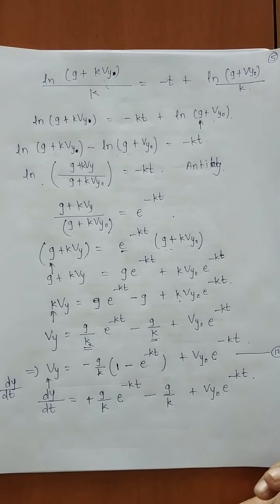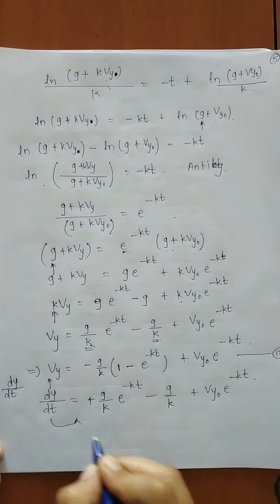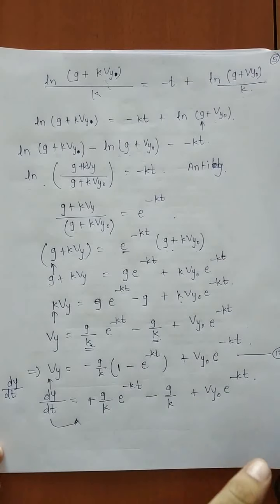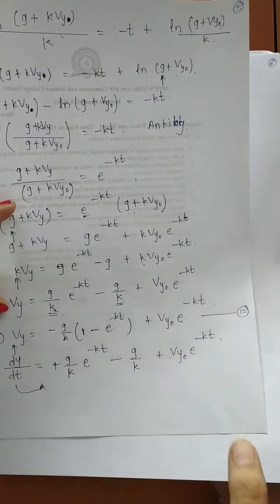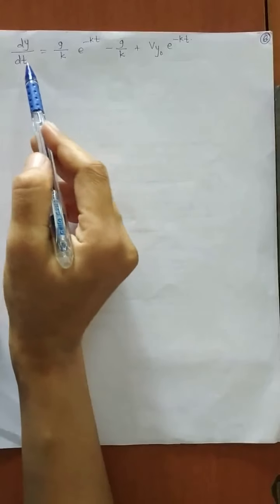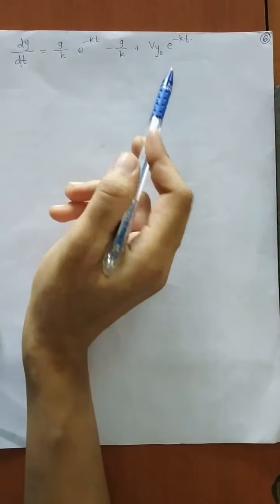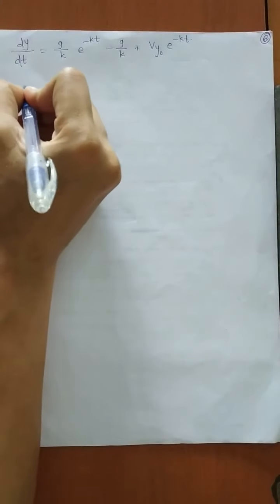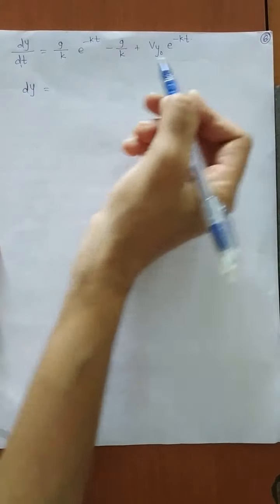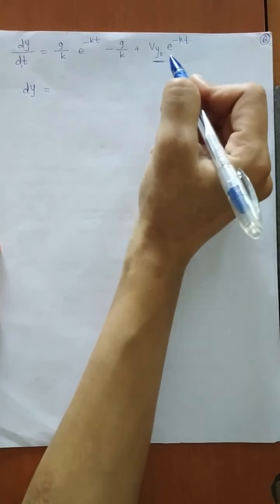Now what we have to do? We have to take this dt on RHS. If you take dt on the RHS, you will get dy equals to, now I am going to write this term first.